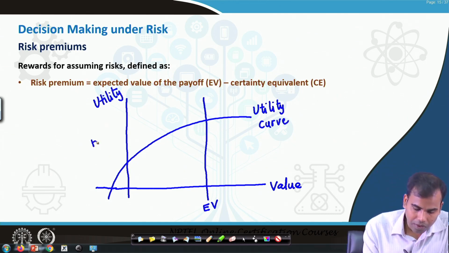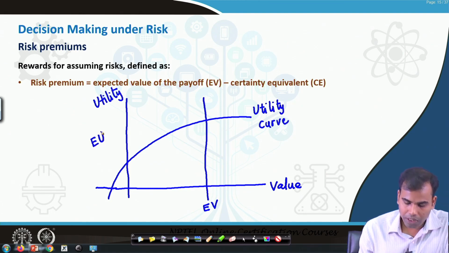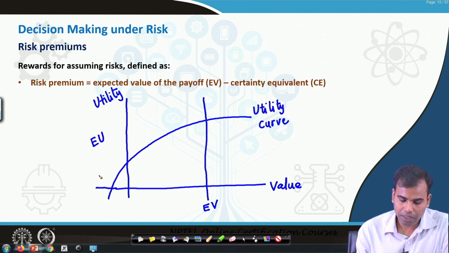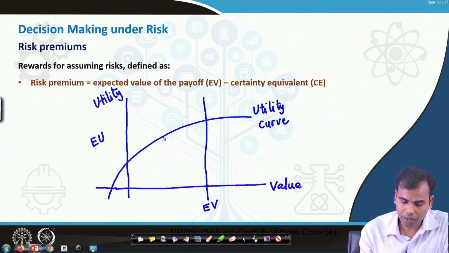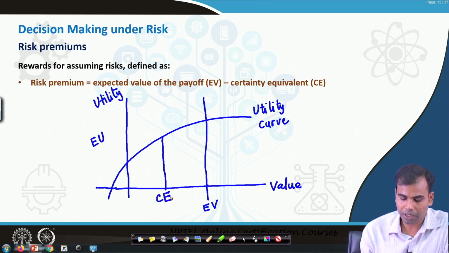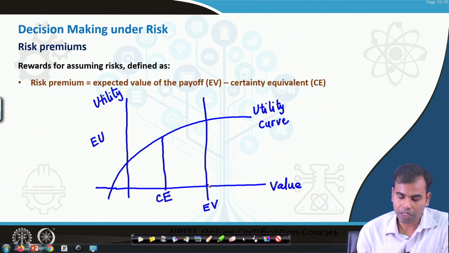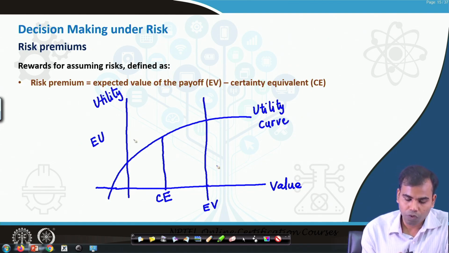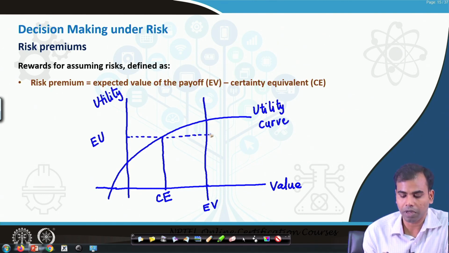This particular axis can be noted as expected utility. So, we have expected utility on one axis, value on the other axis. We have the expected value at a certain point, and if we are able to find the certainty equivalent, which let us say lies here, the certainty equivalent is basically the value of wealth where the utility is equal to the expected utility derived from the risky choice, which means the utility in these two cases will be similar.